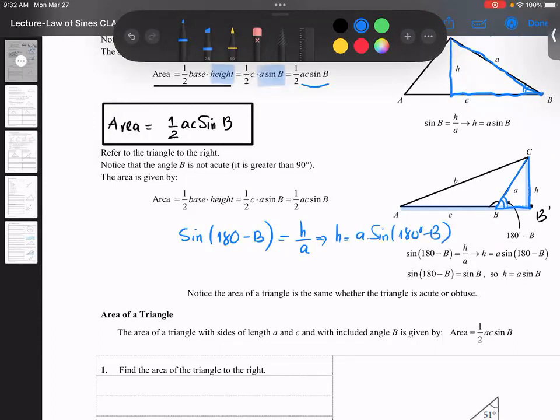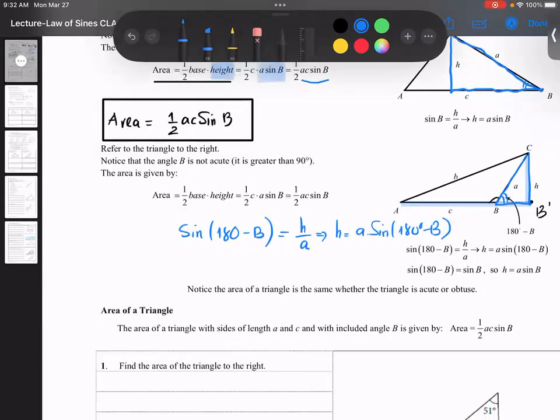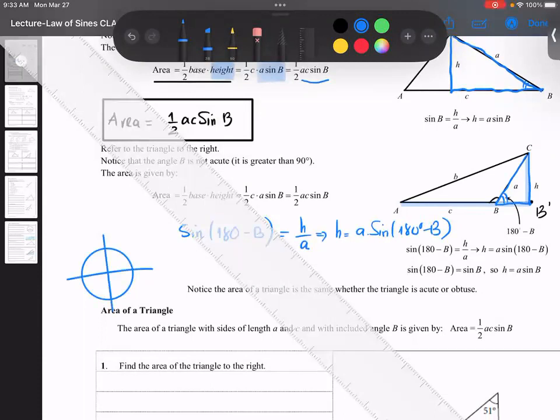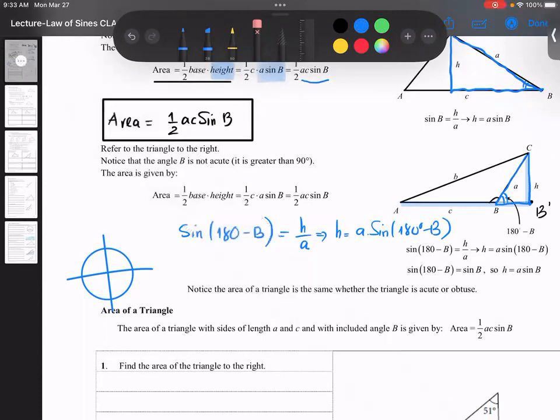Now, if you look at the unit circle, do you agree with me that in quadrant 1 and quadrant 2, you have the same y value? Sine of, let's say, 60 degrees.